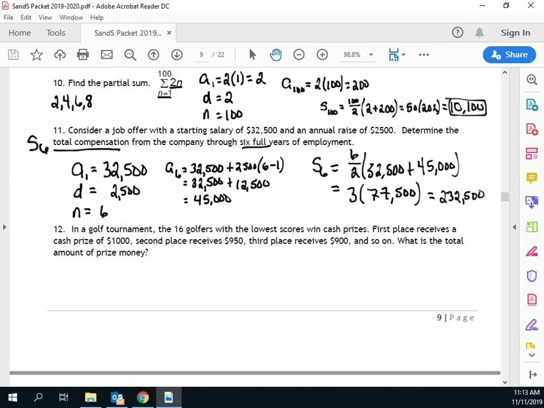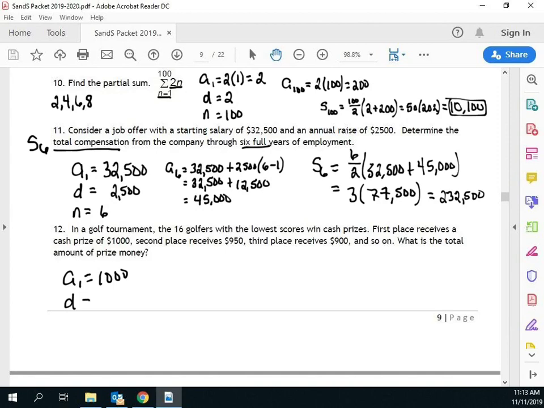All right. So in a golf tournament, 16 golfers with the lowest scores win cash prizes. First place receives a cash prize of $1,000, second $950, third place $900, and so on. So what's the amount of total prize money we have to put together? Well, the value of your first is what? $1,000. Grand prize winner gets $1,000.